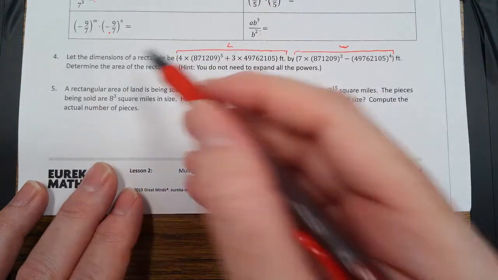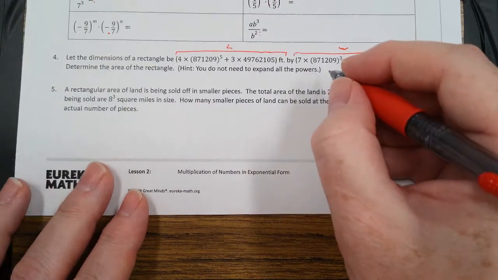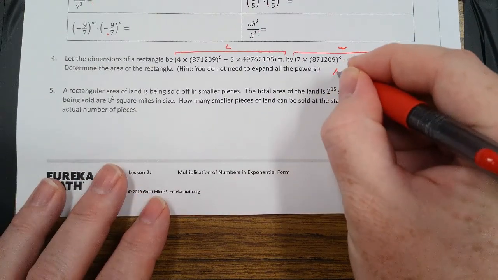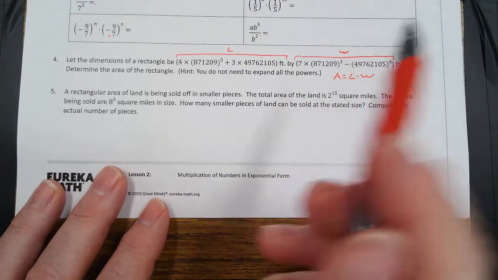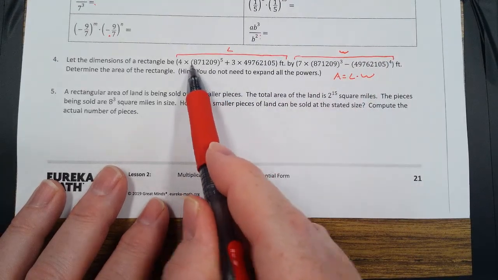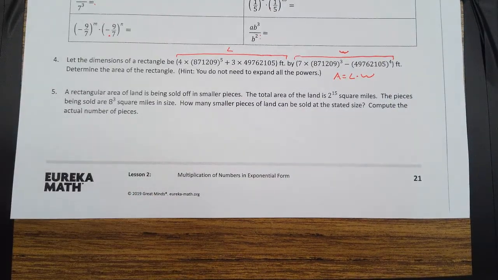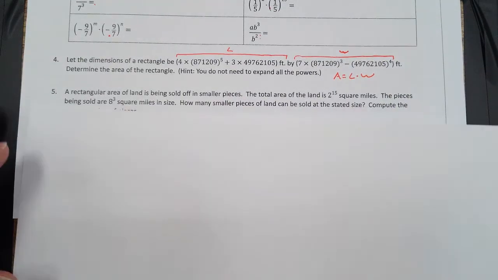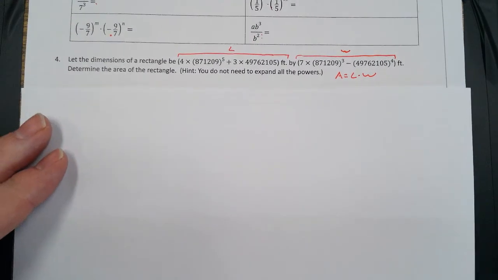And it wants us to find the area of the rectangle. And in case you forgot, area of a rectangle is length times width. So we have to multiply this times this. And that looks like it's going to hurt. But we can make it a little bit easier. Let me show you how to make it easier.